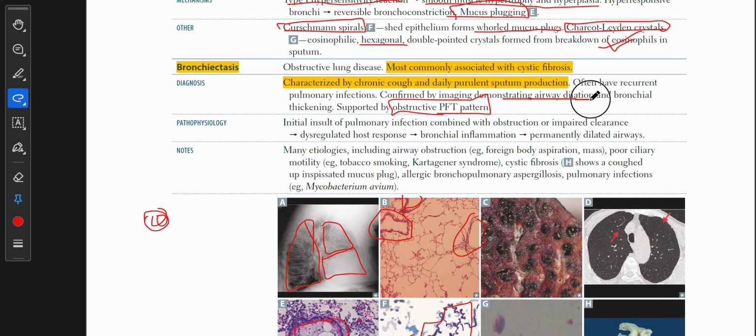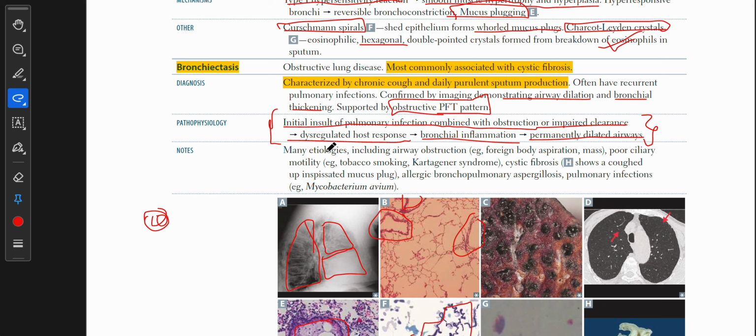The pathophysiology is an initial insult of pulmonary infection combined with obstruction or impaired clearance, which causes a dysregulated host response, causing bronchial inflammation, causing permanently dilated airways. So if the airways are small and permanently dilated, that is emphysema. But if there are larger permanently dilated airways, that is bronchiectasis.